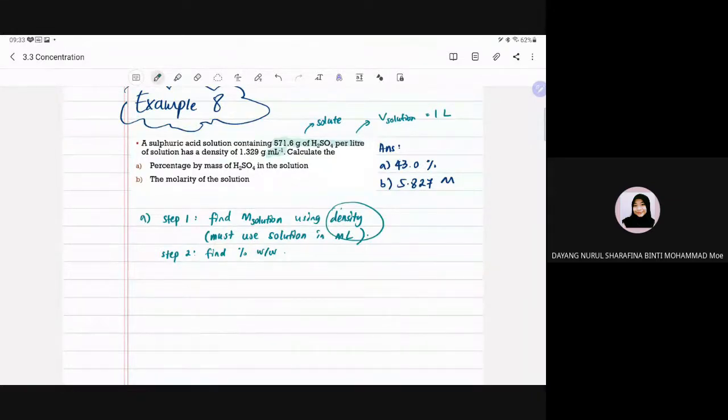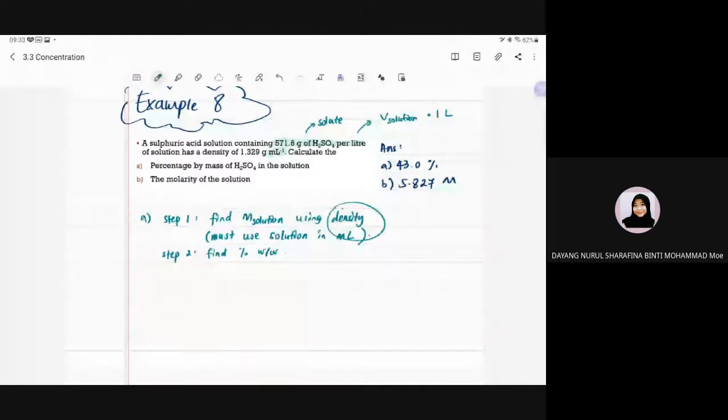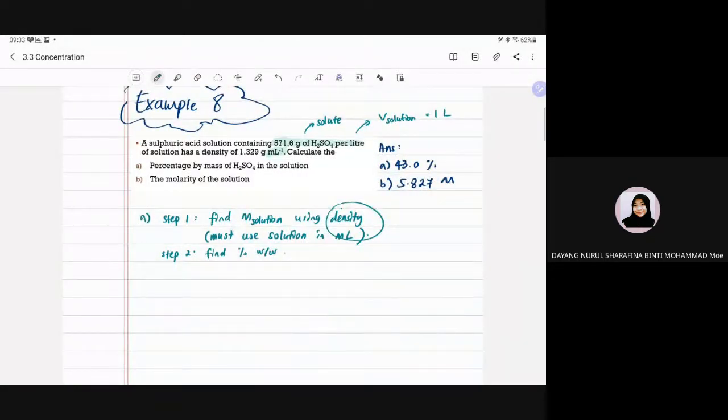Soalan dia multiple choice tau. MCQ. Tapi dia ada calculation lah. Calculation kamu kira kamu cari jawapan dia. Okay. Masa yang diberikan adalah 30 minit. So pada Sabtu minggu hadapan minggu ke-8. Sekarang kita minggu ke-7.